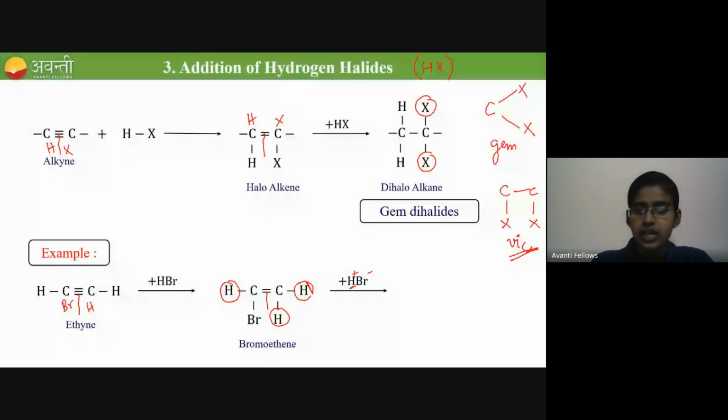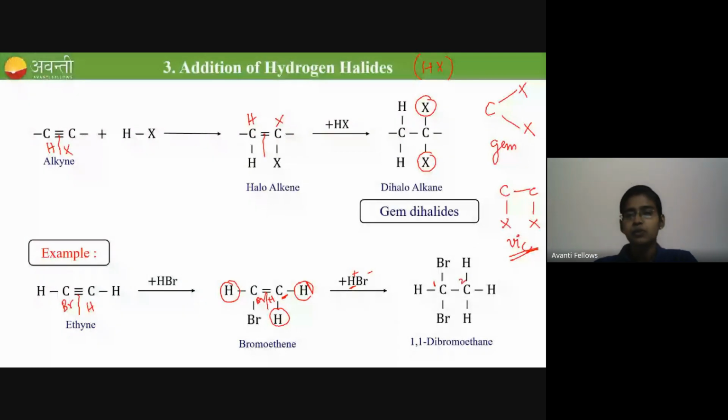So this carbon has 2 hydrogens, which is more in number. So hydrogen has to go here and bromine has to go to this carbon. And we will get this product, and it is called 1,1-dibromoethane. Okay. So any doubt? Here you have to use the Markovnikov addition. That's it.